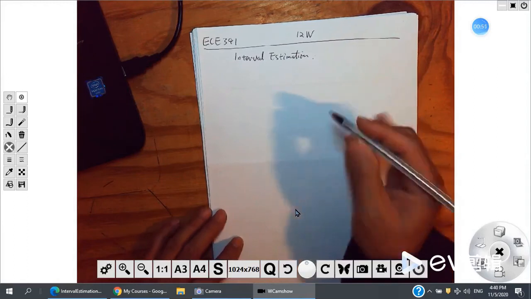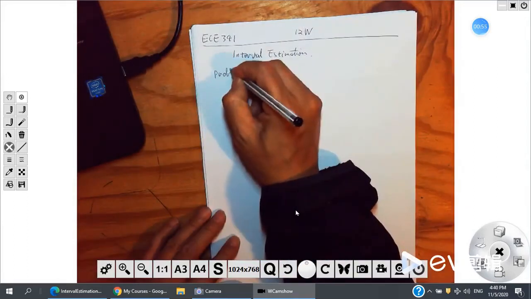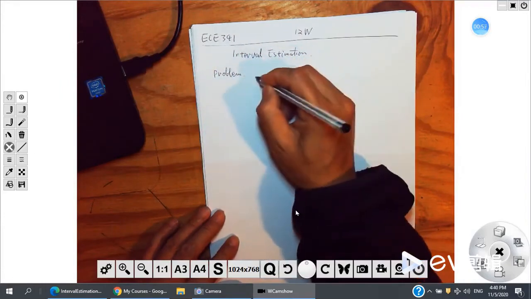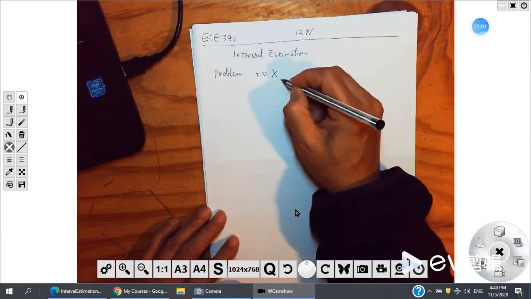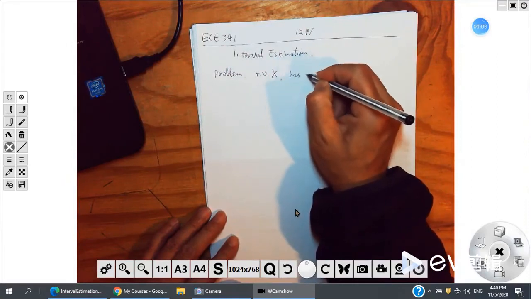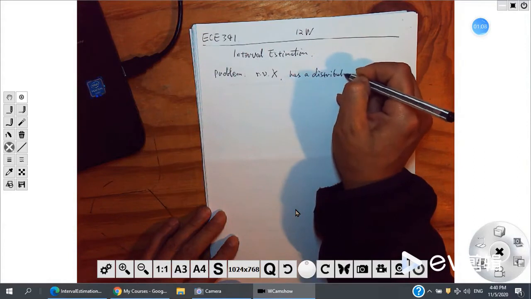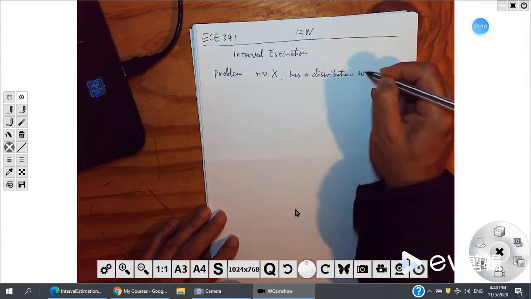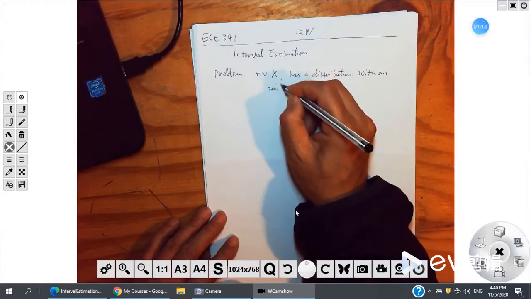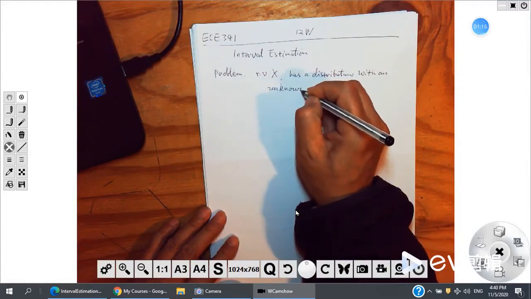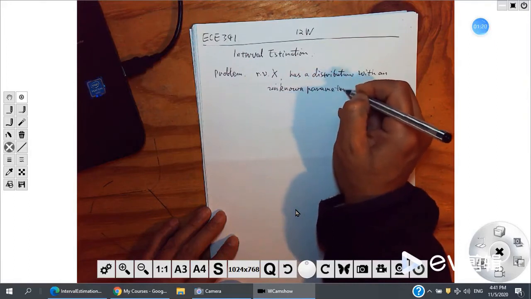Of course, we should know what is the problem. We have random variable x has a distribution with an unknown parameter theta.